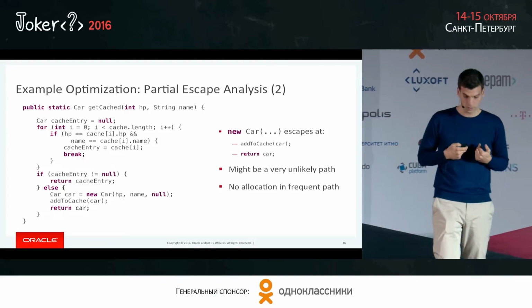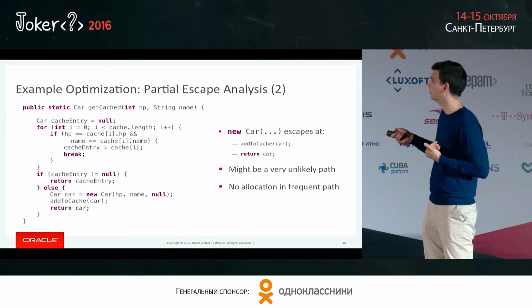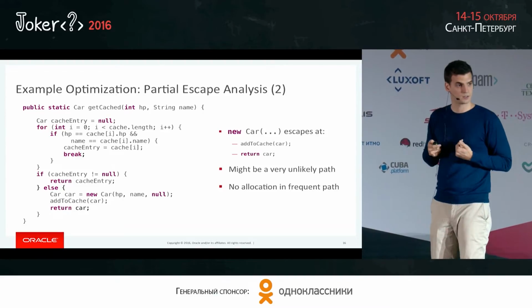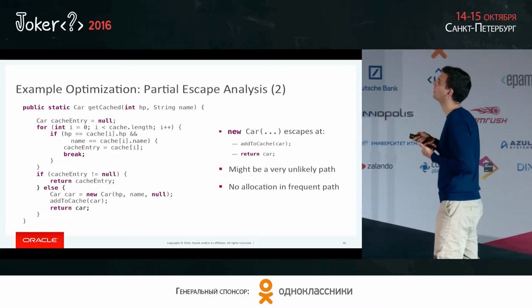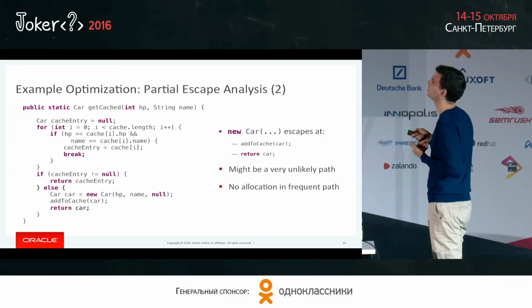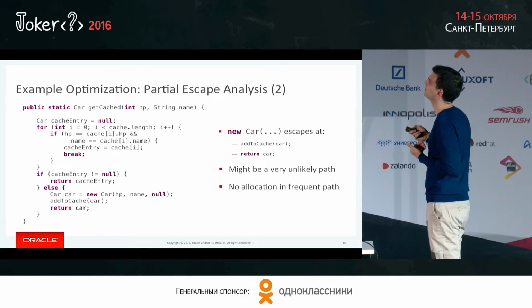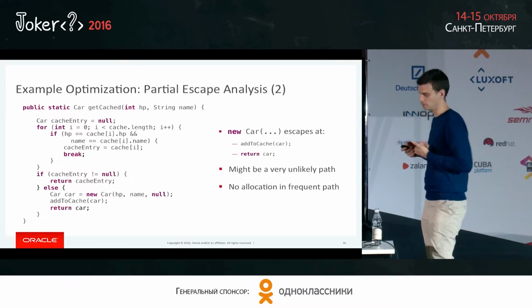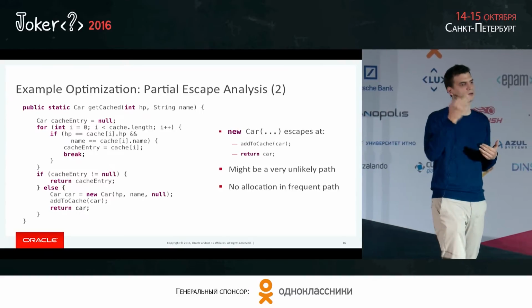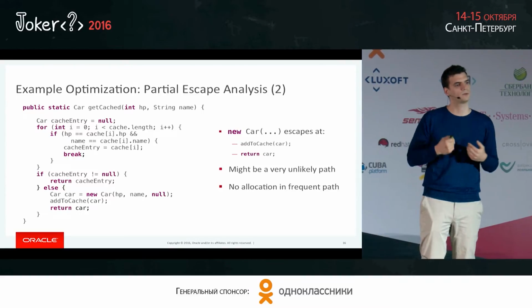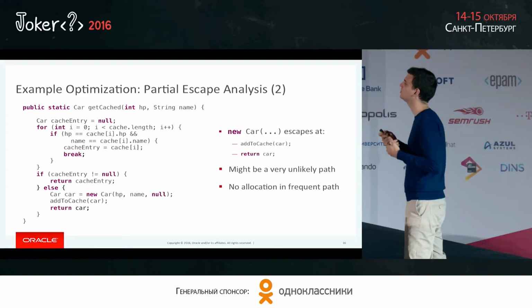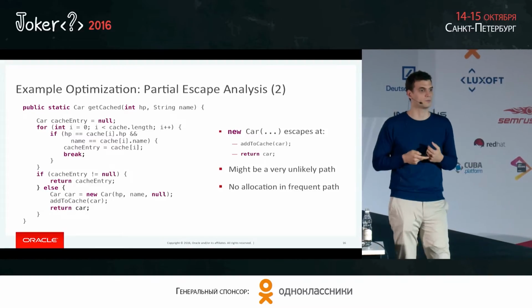So what we can do is move this allocation inside of the else branch, which is less frequent. And then here we can just use directly the values that are passed in. So we essentially remove the allocation from the hot path, right? And in some benchmarks, essentially with streams, this gives you huge performance improvements.